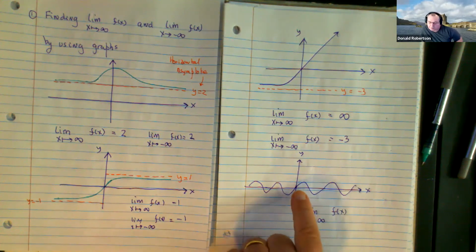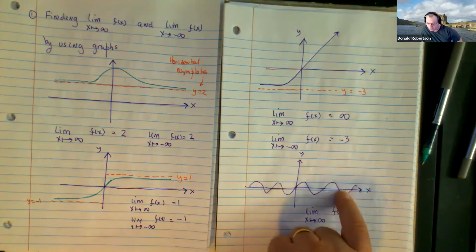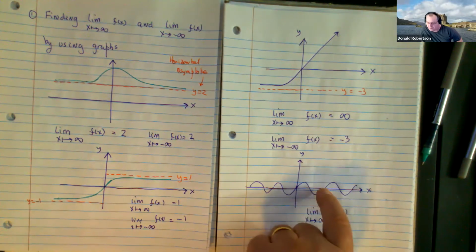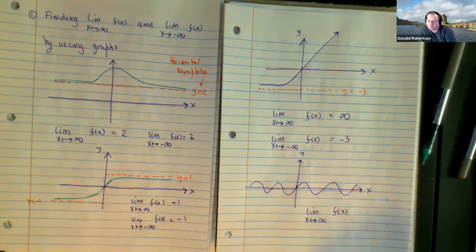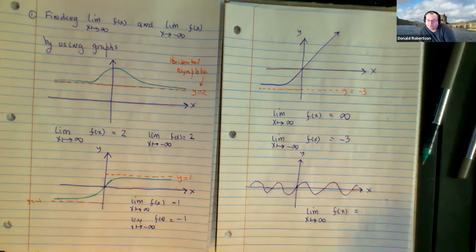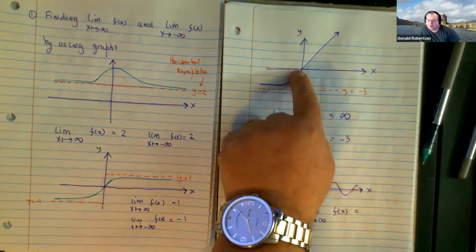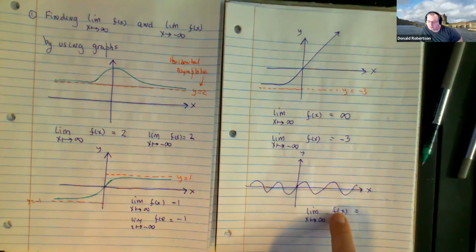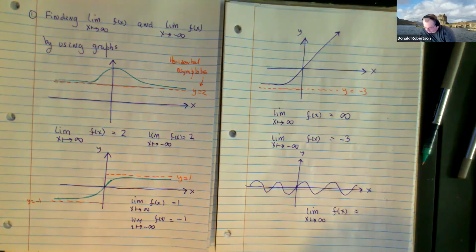What is going to be, if there is one, the limit as x tends to infinity of this one? It's basically the sine function. What do you think the answer should be this time? In the previous situation, the answer was plus infinity. That's not this time. What will the answer be this time? Any ideas?